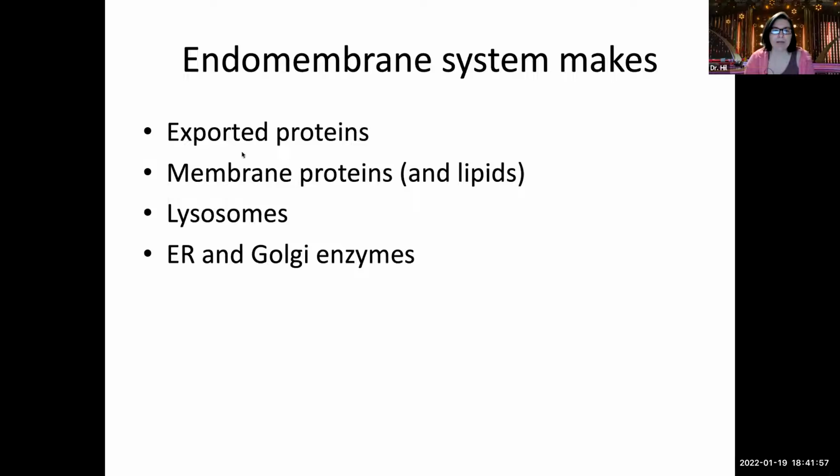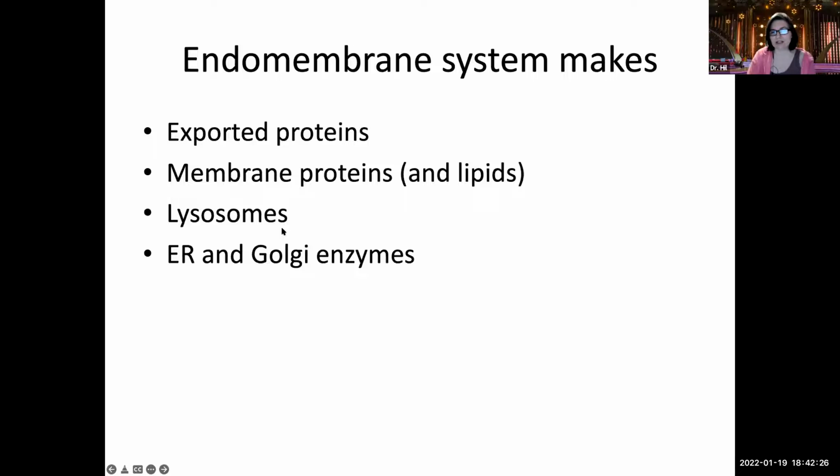Okay, membrane proteins. Now, we've just talked about how the cell membrane always has proteins in it. There's lots of proteins. There's protein channels, protein transporters, there's receptors to receive information. All of those proteins get to the membrane by being made in the endomembrane system. Also, you have to continually make new membrane lipids. That comes from the smooth ER. Lysosomes.